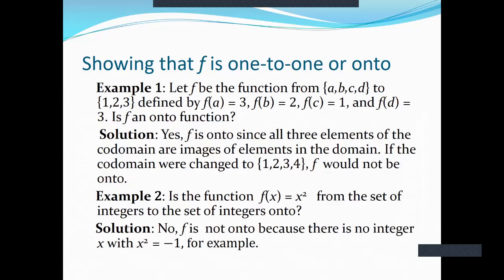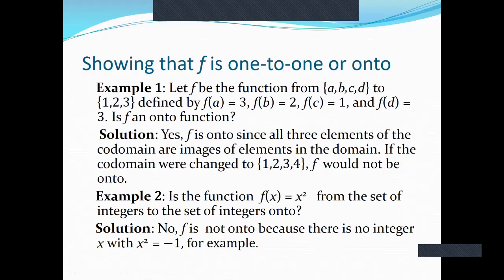For example, in example one, let f be the function from a set having elements a, b, c, d to the set having elements 1, 2, 3, defined by f of a is equal to 3, f of b is equal to 2. If I draw it, it may be easier to understand.